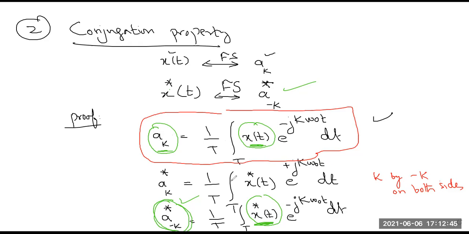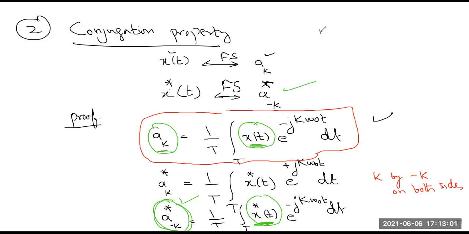Now there is an additional property that we can easily derive from this conjugate property. Let's assume that the given signal is periodic. Okay.